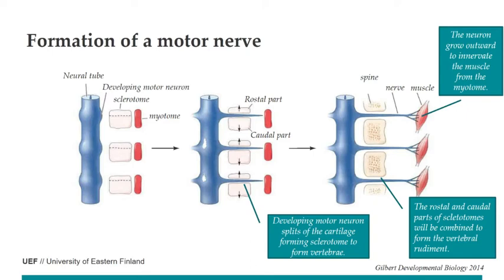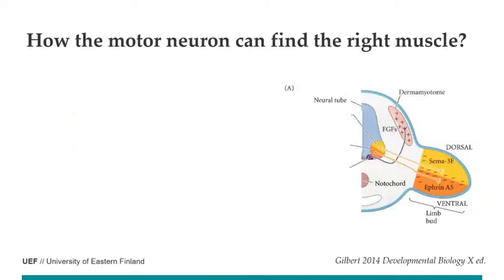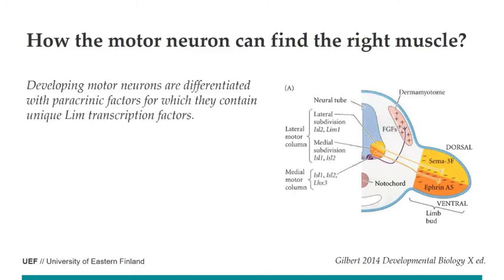Okay, but how does the neuron find the right muscle? Because we know that even in the leg or in the hand, we have several muscles on both sides of the bones, etc. So how can the neurons find them? Well, the idea is that on the neural tube, we have different areas.